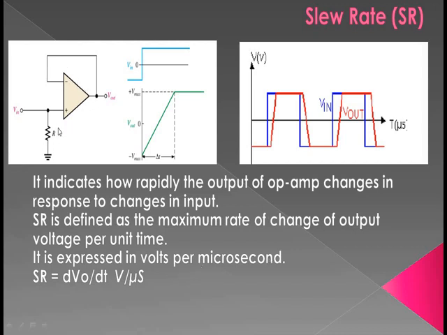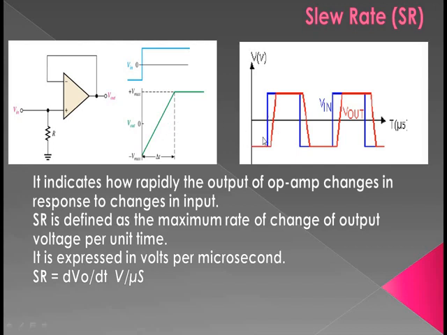Here you can see we have applied the input voltage, then the op-amp gives the output. Slew rate is nothing but a calculation of how fast the output will change. This is calculated by the change in output voltage with the change in time.